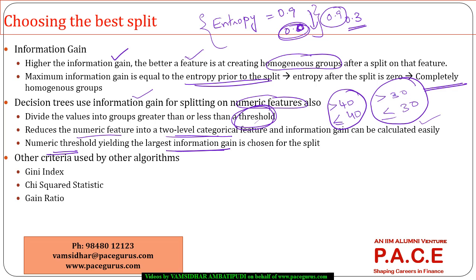Or even 25 and less than or equal to 25? So which out of all these possible combinations is giving me the highest information gain, a reduced value of entropy? Based on that, the decision tree typically uses the information gain to choose the basis of splitting the data.